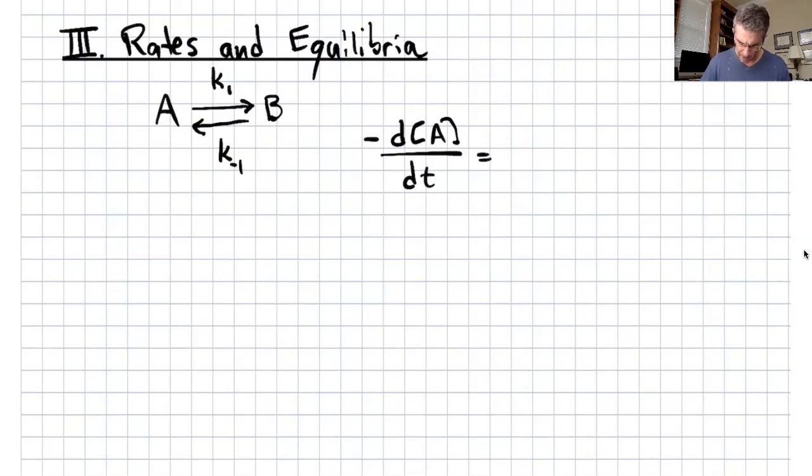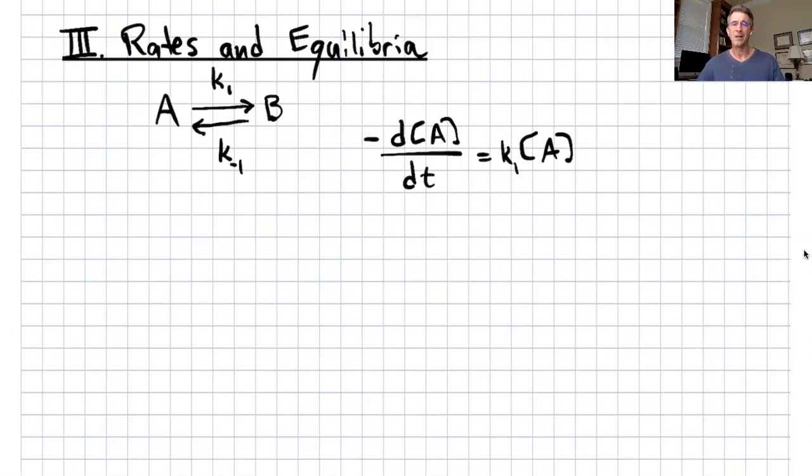And we can say, well, we know, if we keep the minus sign over on that side, because we're thinking about the rate at which A changes, we know that that's going to be proportional to the concentration of A we've got, times that forward unimolecular rate constant, right? That's more or less the rate equation we came up with to begin with. That describes the loss of A.